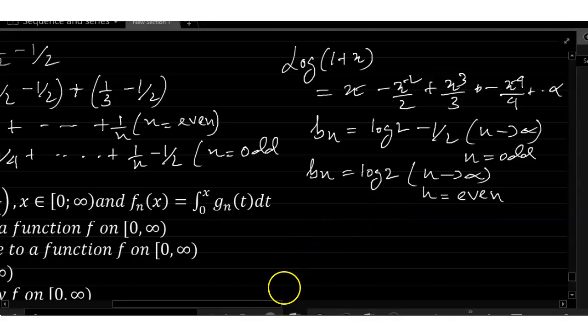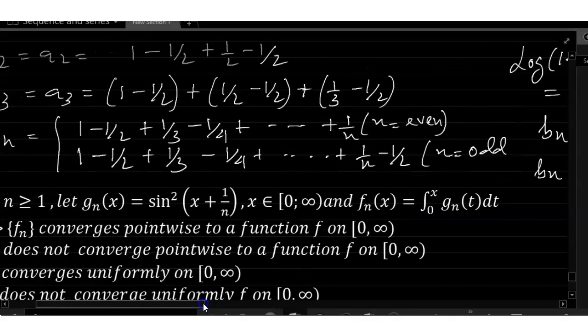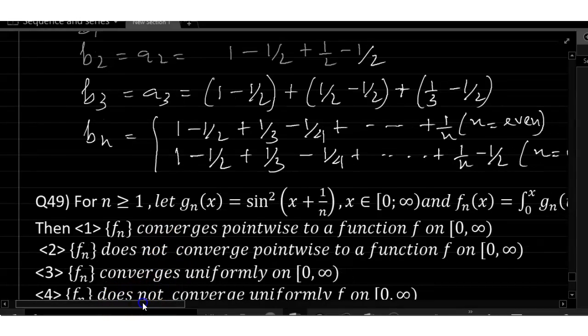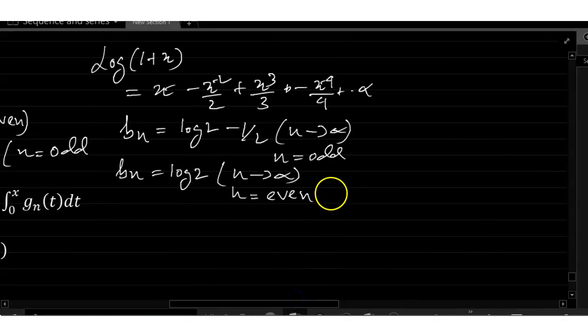So friends, whatever we see, this value is 0.693 and this value is 0.193.